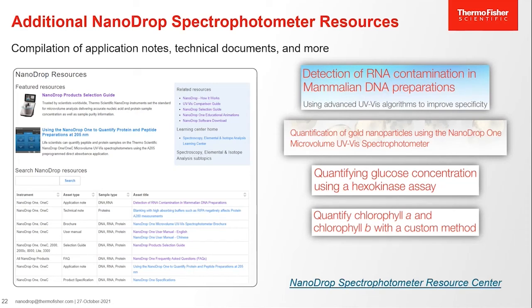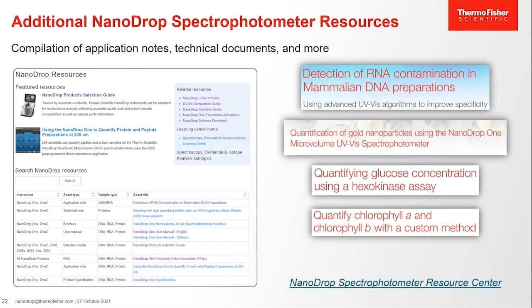So one of the questions that we get is for performance data on how we can identify and detect DNA in the presence of RNA and vice versa. So there's a nice application note on how to do that, as well as some method-based application notes on how to quantify gold nanoparticles, how to quantify glucose concentration using a hexokinase assay, as well as the quantification of chlorophyll A and B using a custom method.